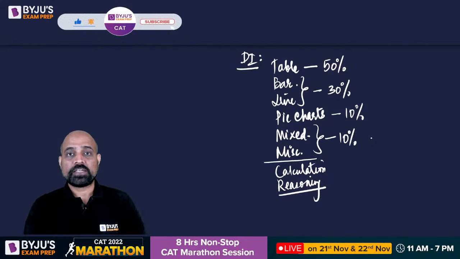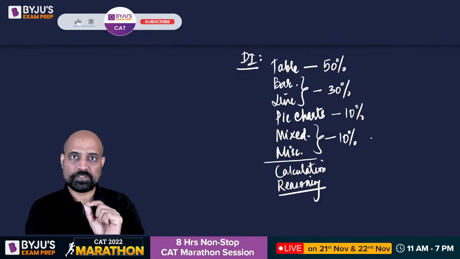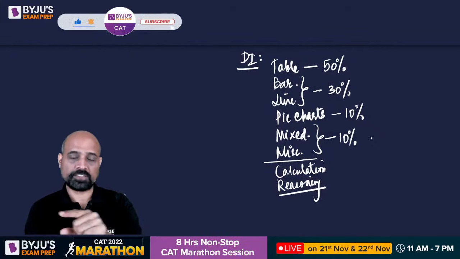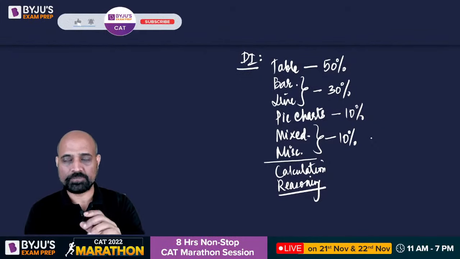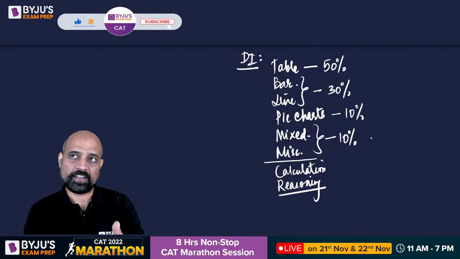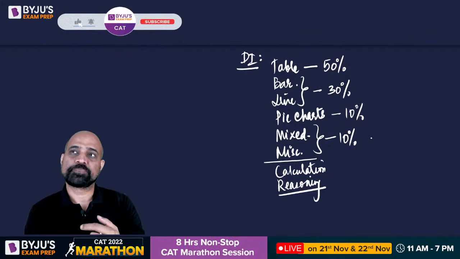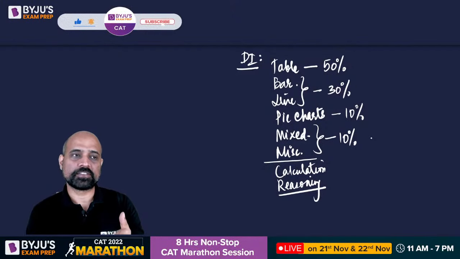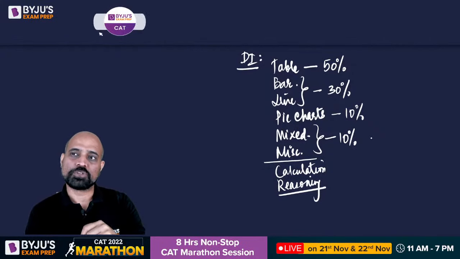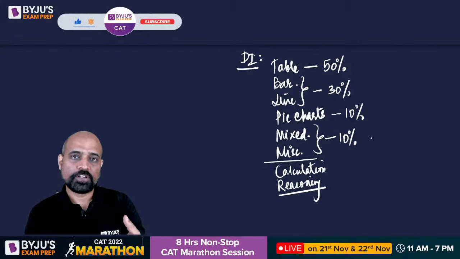Now remember, the miscellaneous type DIs, as in 3-axis DI, or maybe a scatter diagram, or a Gantt chart, or stocks and shares, you must have come across those box and whisker graphs, right?